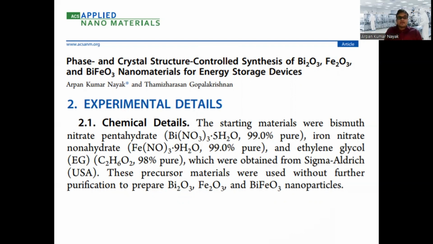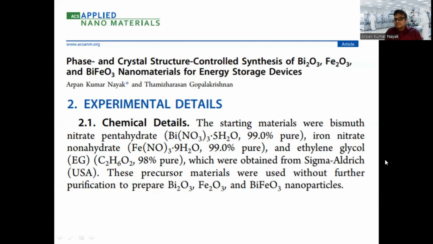I mentioned bismuth nitrate and iron nitrate, and I also used the formula, with 99% purity mentioned. For the other formula, 98% purity is mentioned, which we obtained.